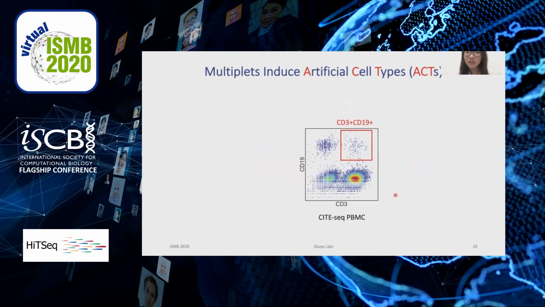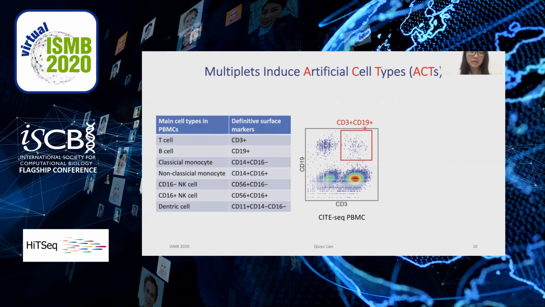Multiplex could induce artificial cell types. Still in this CD3 versus CD19 scatter plot, we notice that there is a cluster highly expressed both CD3 and CD19. Well, according to the existing knowledge of cell types and their characteristics in PBMCs, we cannot match this cluster with any cell type in the list.